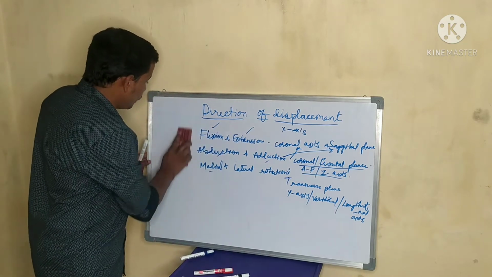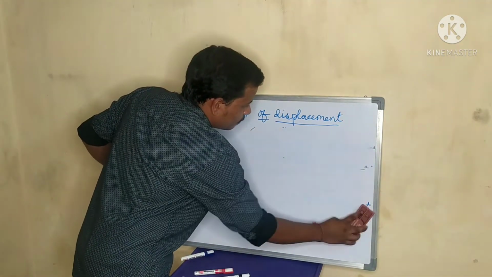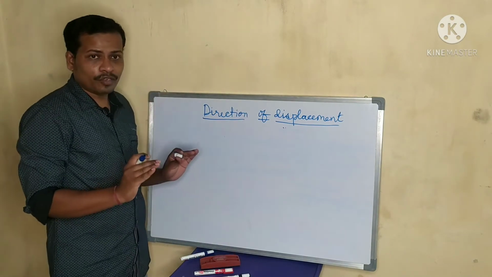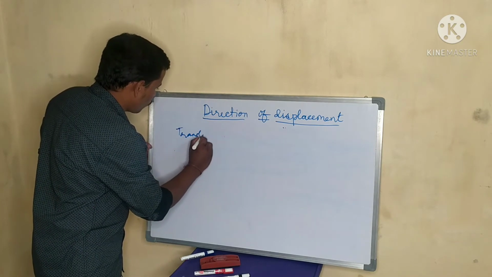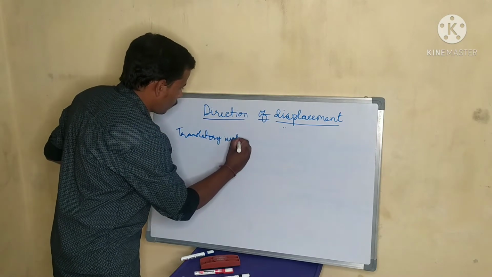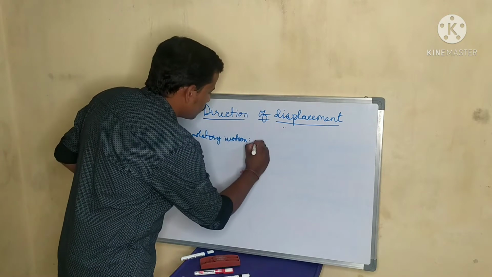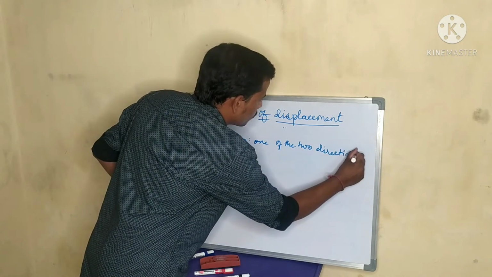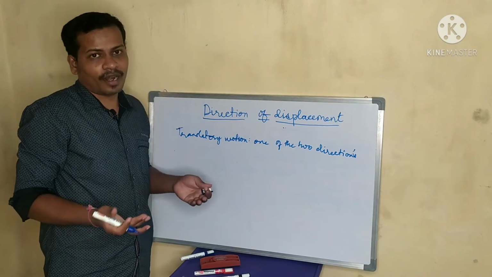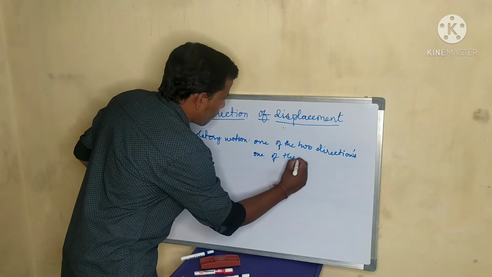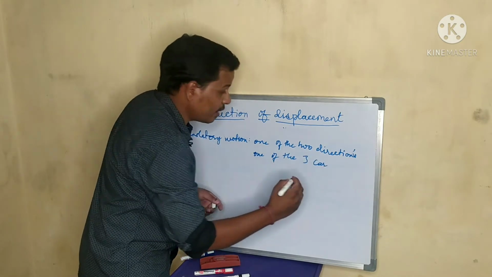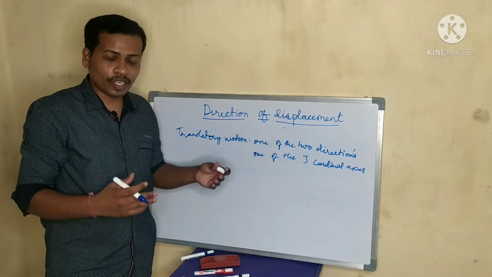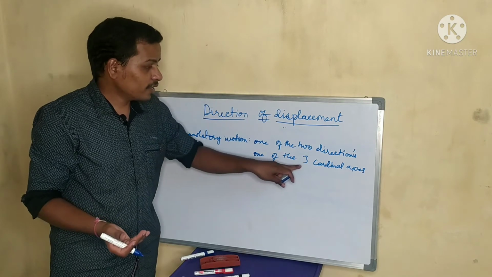And what happens to the translatory motion? Translatory motion also occurs in one of two directions, and along one of the three cardinal axes.